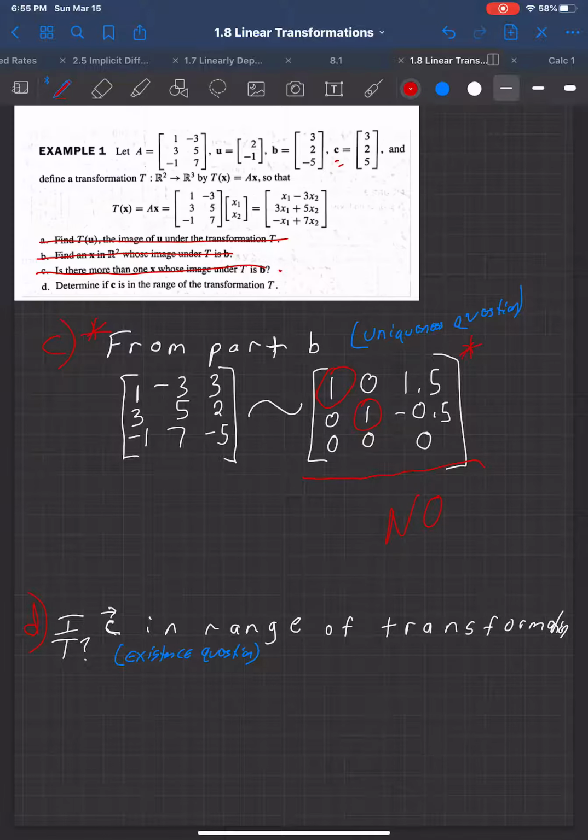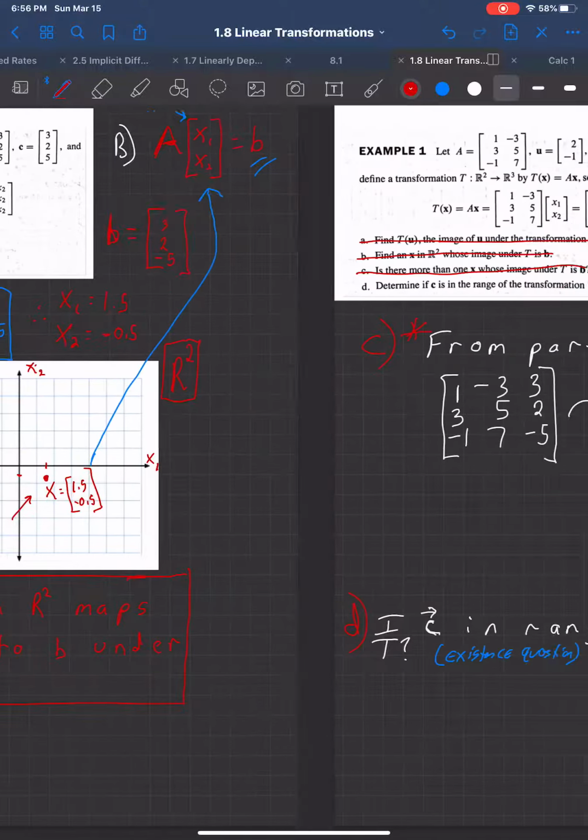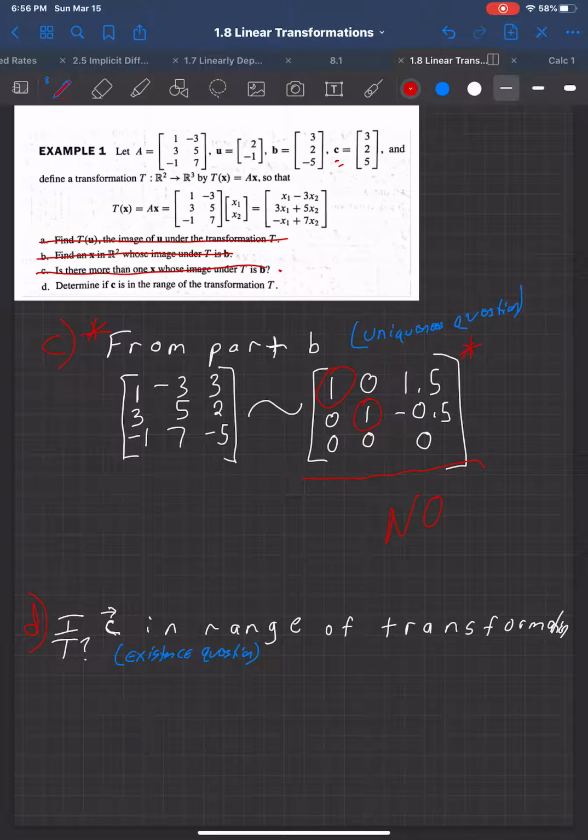You would approach part D exactly like we did in part B, only now, instead of the last column being vector B, our last column is going to be vector C. What I'm really trying to highlight is, does it exist? This is an existence question. Is it in the range of the transformation T? Can you actually find some point in R2 to map to that point?